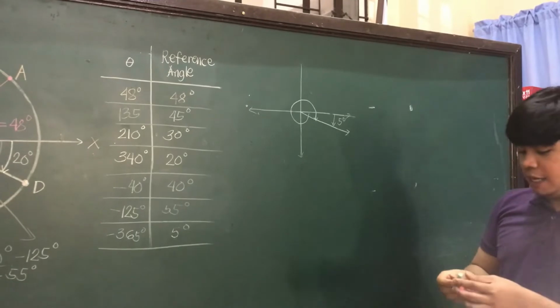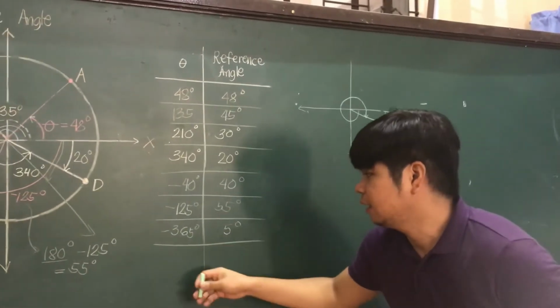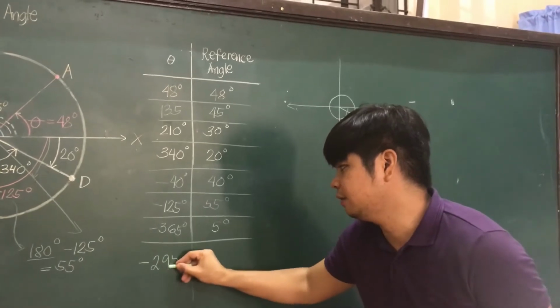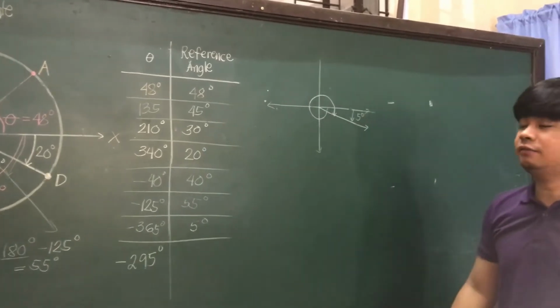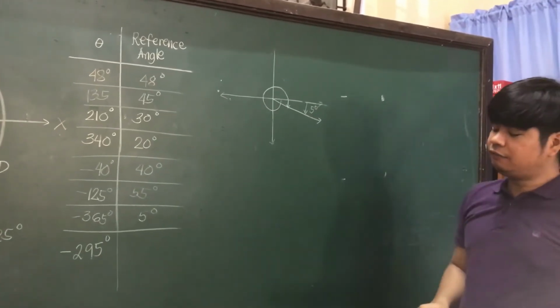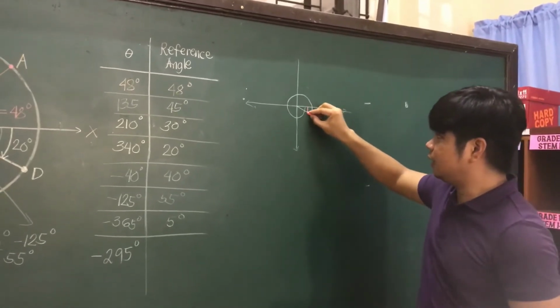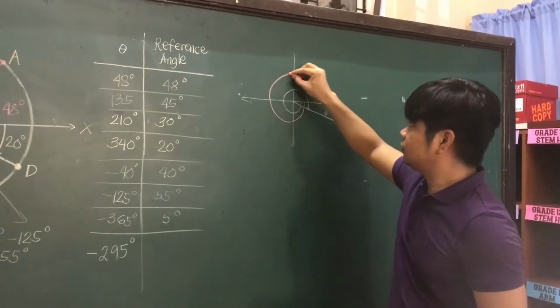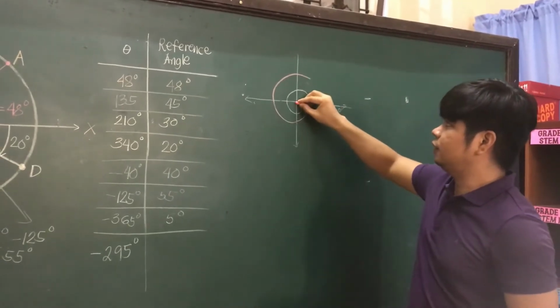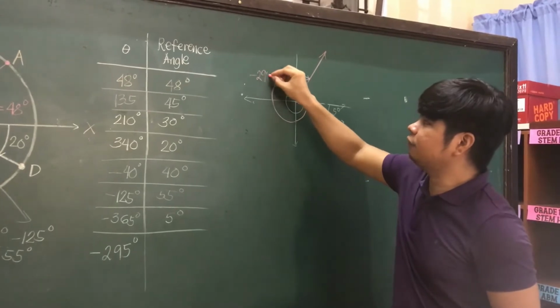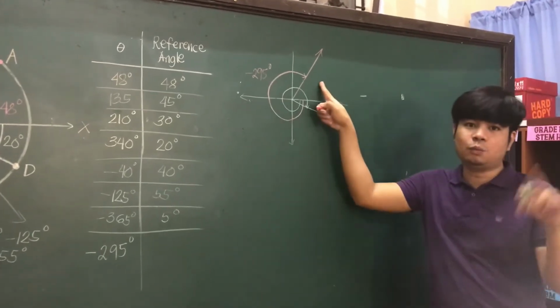So what about if we have, let's say for example, negative 295 degrees, and what will be the reference angle of that? Negative 295 degrees, if we try to illustrate that, so it's almost here. It's negative 295 degrees. It is found on quadrant 1.